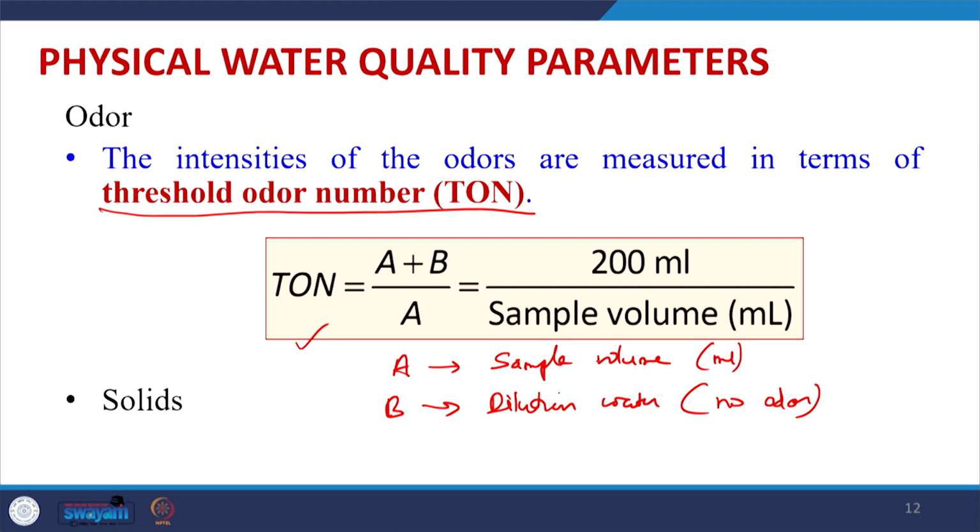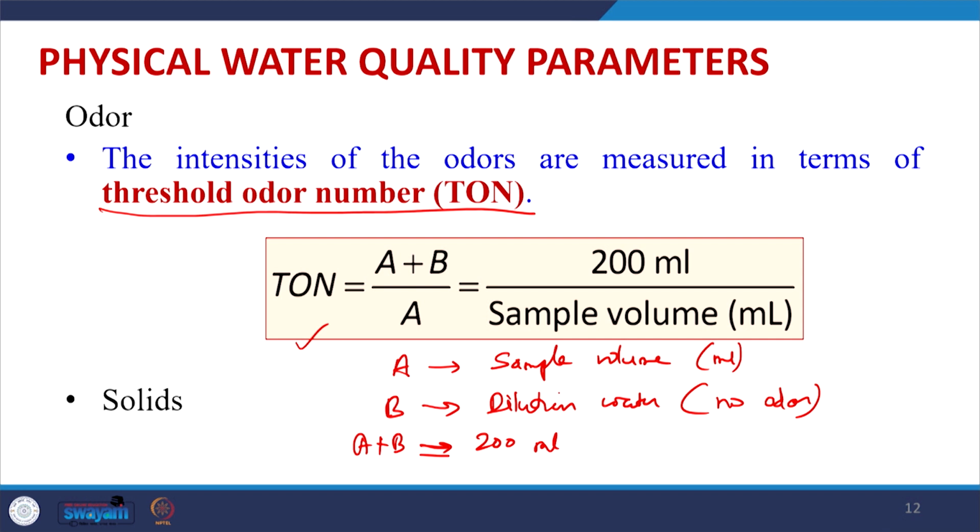Now, this sample volume is diluted with this dilution water to make the sample equivalent to 200 ml. So, this A plus B is always equal to 200. So, this is how this TON is reported.